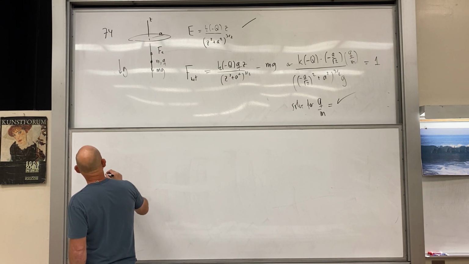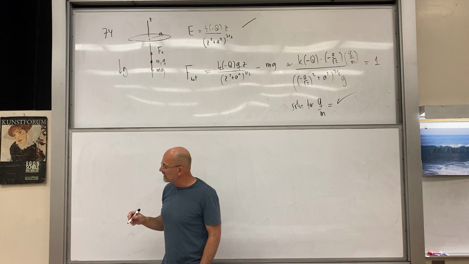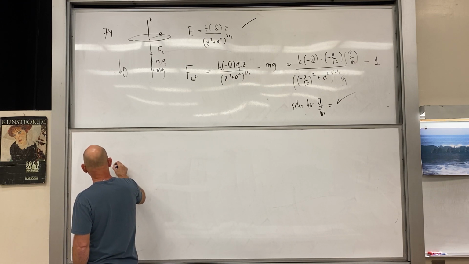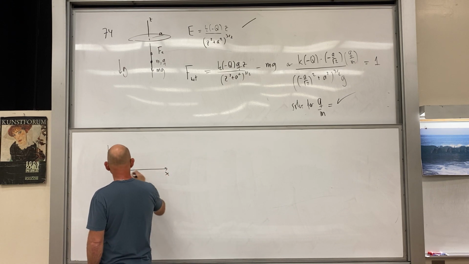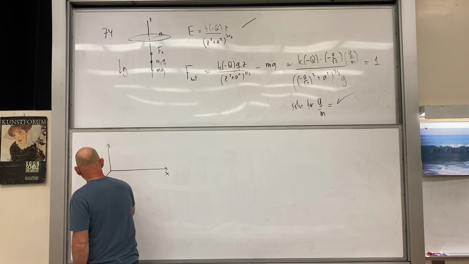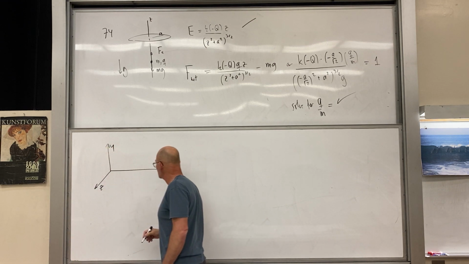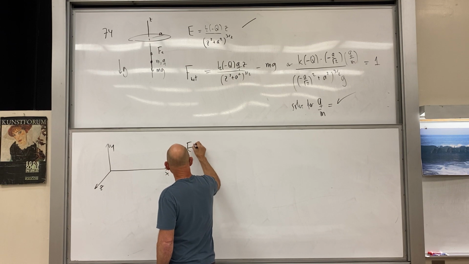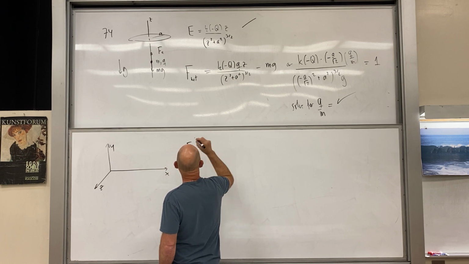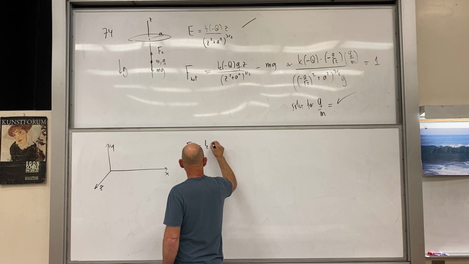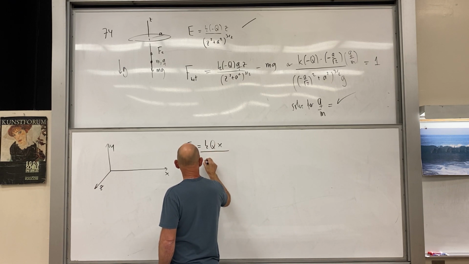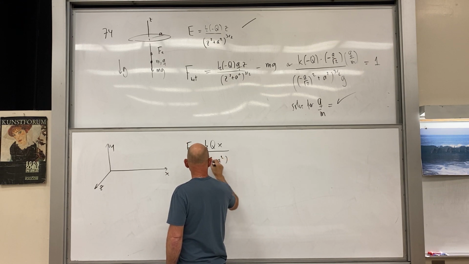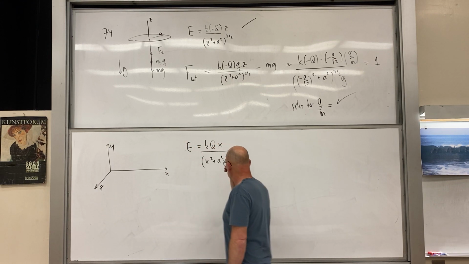Now they used X and I used Z, but it shouldn't matter. X, Y, Z. So we're just going to write this same formula here. E is equal to K Q X over (X squared plus A squared) to the 3/2.